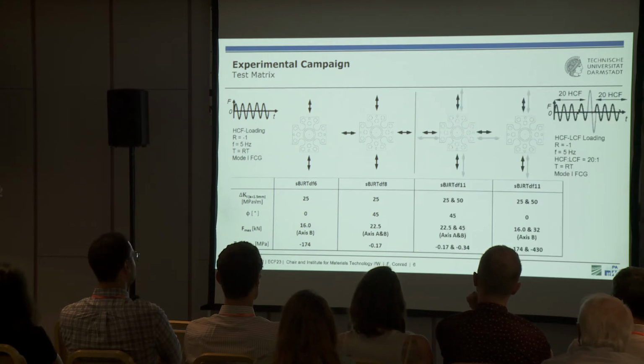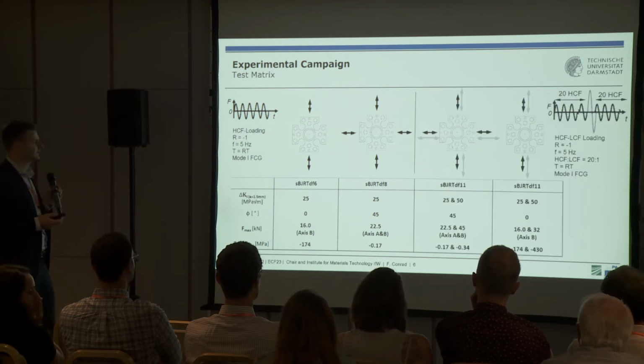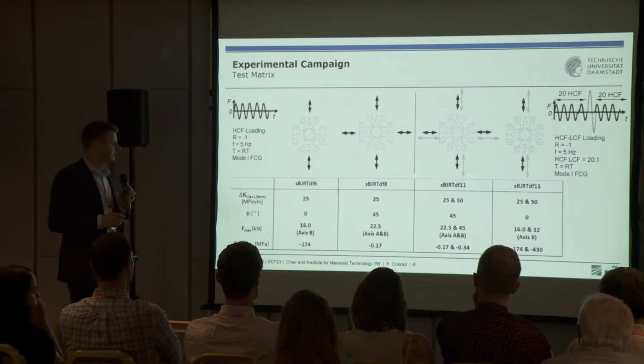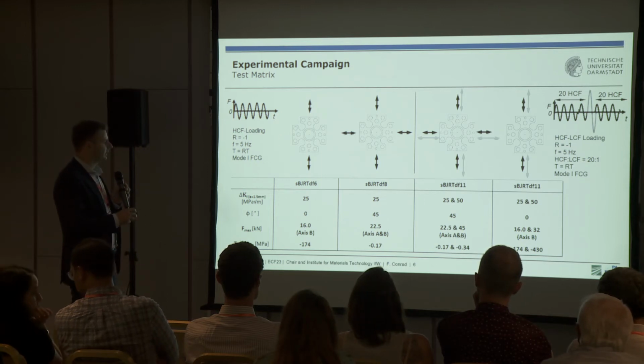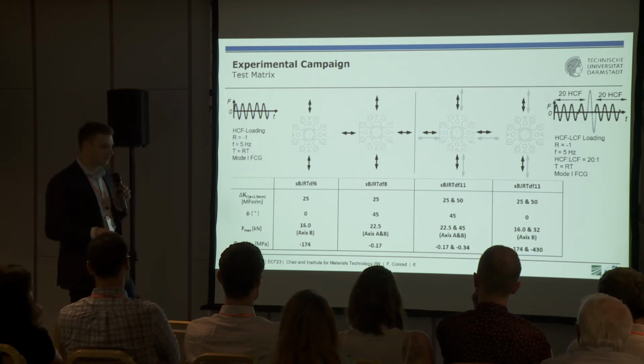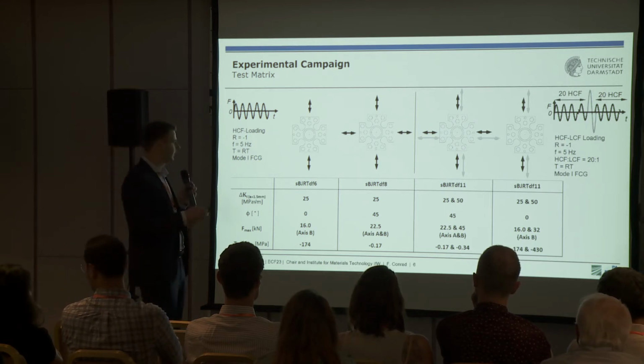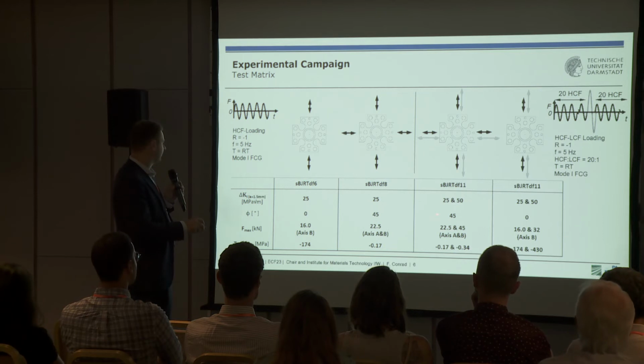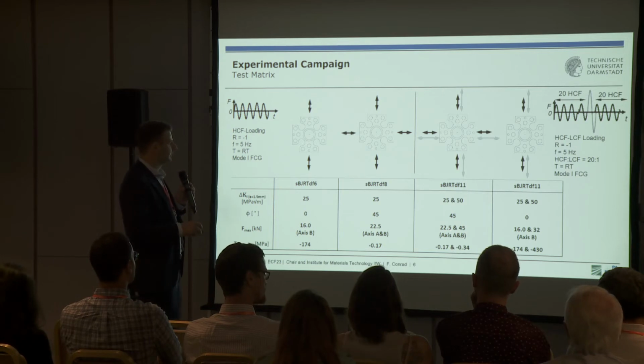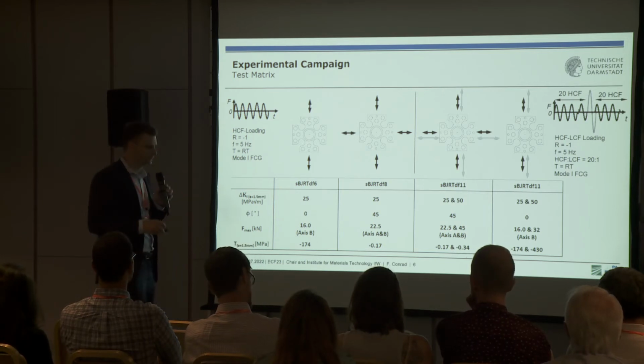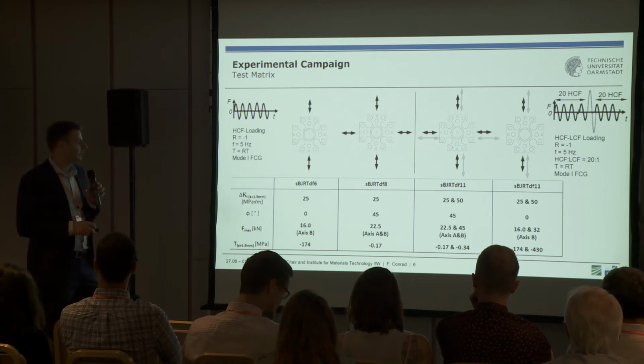On the other hand, we were looking for the influences of interspersed cycles. So we used these reference experiments and applied an over and underload after 20 cycles. Again, we use 22.5 kilonewtons here, and after 20 cycles, we interspersed 45 kilonewtons on both axes.